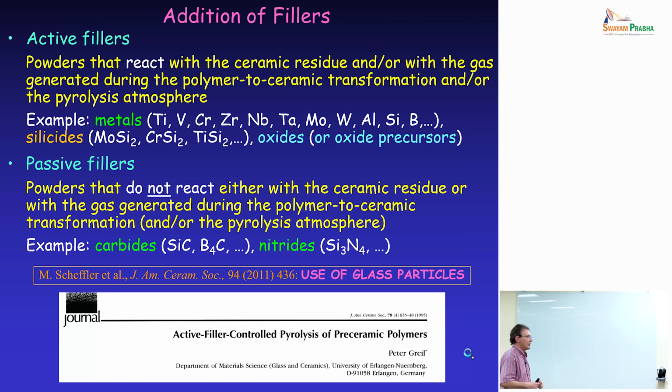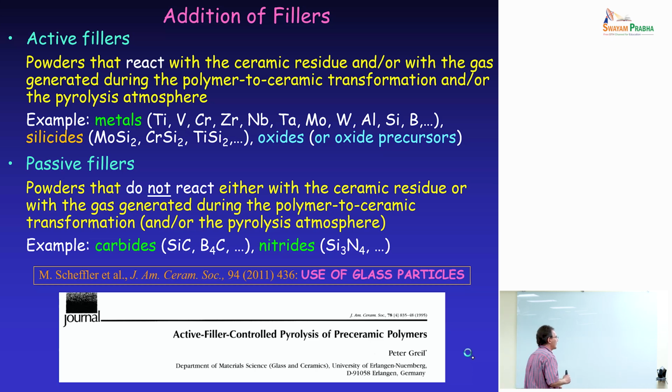There's one interesting point to make: if you use what is called a passive filler, for instance a carbide or nitride filler like silicon nitride powder, you do pyrolysis, and nothing happens to the silicon carbide or silicon nitride. So you can exploit silicon carbide to provide certain properties to your material in the end.